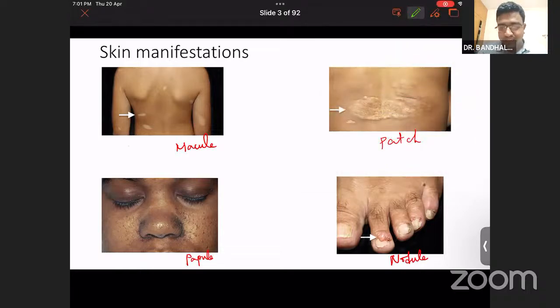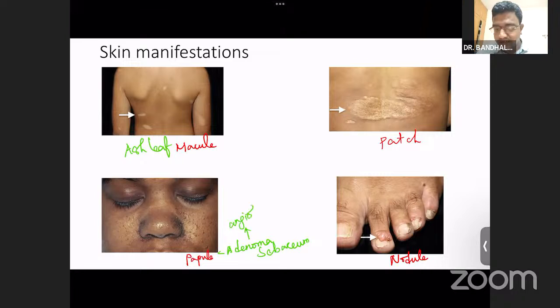If you see macule, it is ash leaf macules. In papules, it is adenoma sebaceum. Adenoma sebaceum is basically a misnomer, which is basically an angiofibroma. There is no adenoma. It is not of sebaceous origin. It is an angiofibroma.